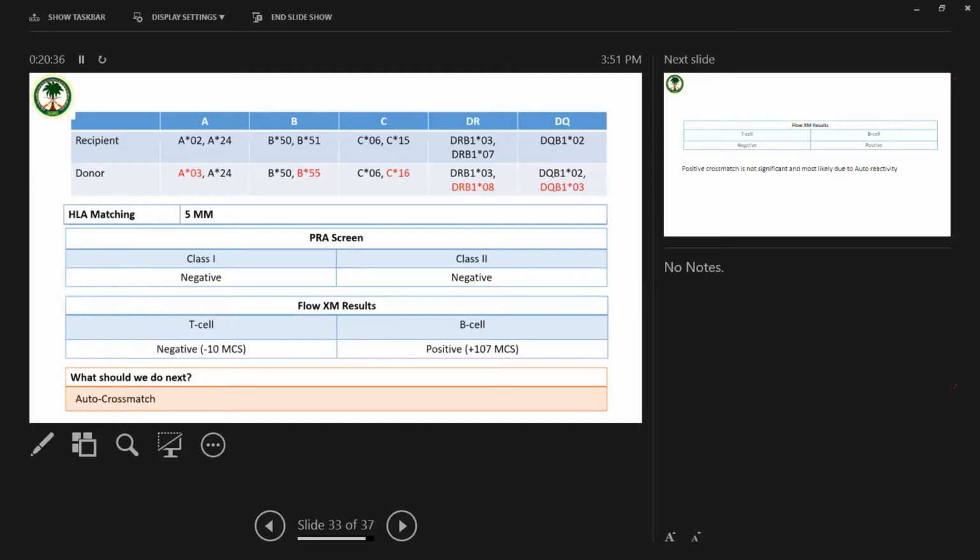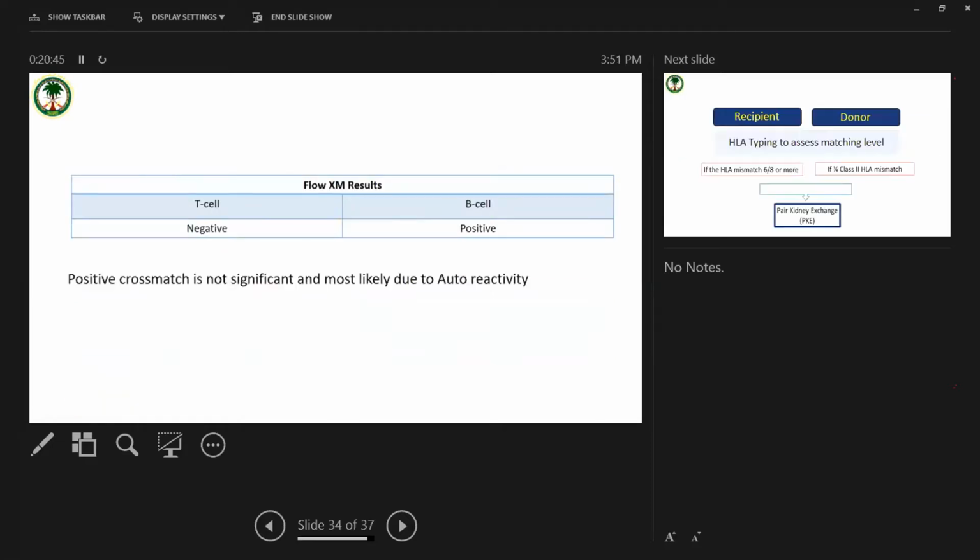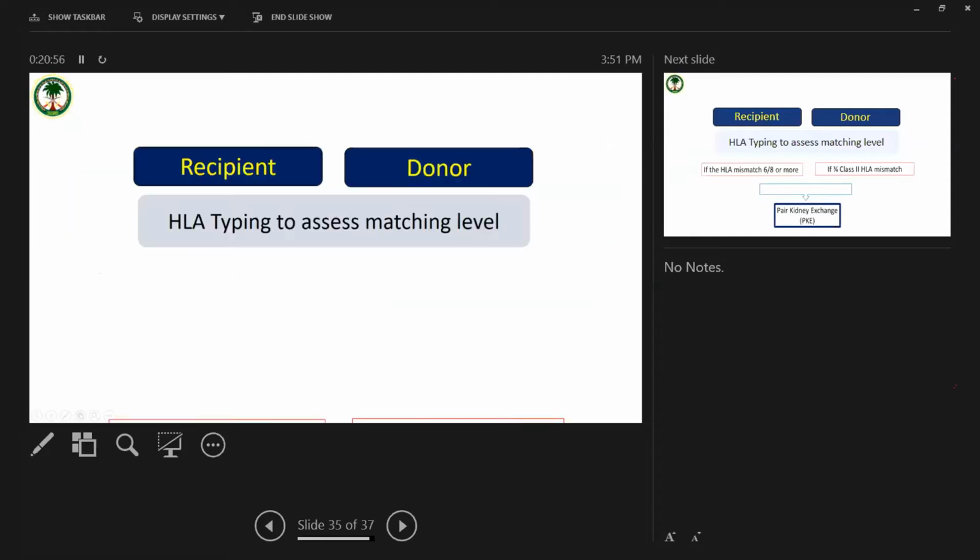When we say against himself, that antibody will not be against the HLA molecule, but against another marker expressed on the lymphocytes. In this case, the T was negative and the B was positive, so the interpretation is that the positive cross-match is not significant and most likely due to antibody autoreactivity.